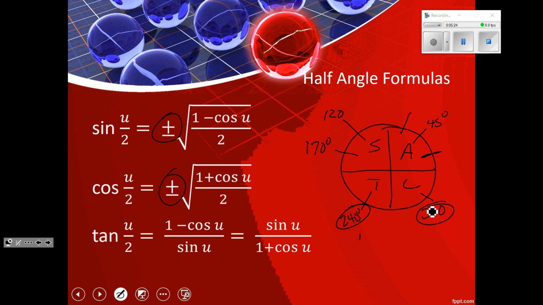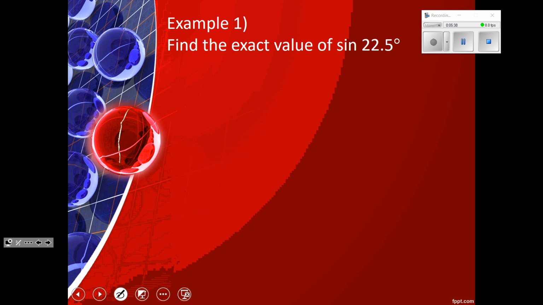I will end in quadrant 2, meaning that my sine will end up being positive, and my cosine will end up being negative. Does that make sense? That's the tough part, is you have to determine, is it positive, is it negative, based on the half of it, okay?